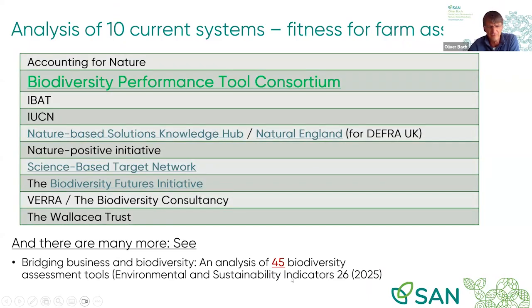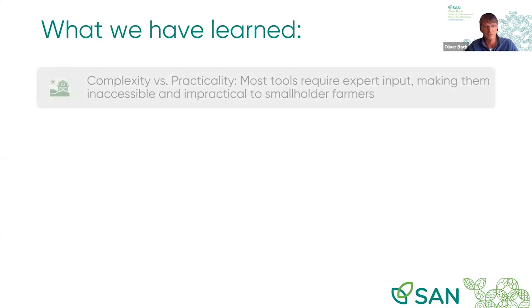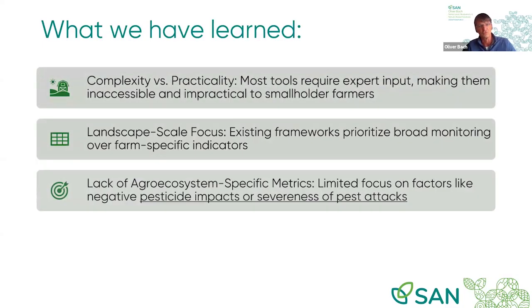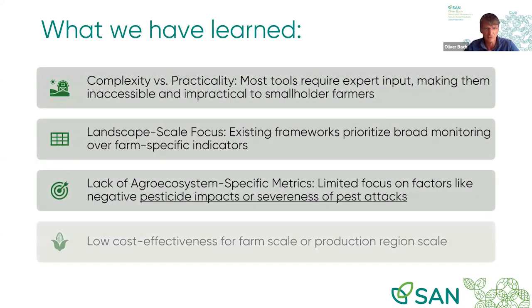There are around 50 or more biodiversity assessment tools currently online that industry or stakeholders can use. But as I said, the challenge is to have something for agriculture. Most tools require expert input. They are too complex to be used on smallholder farms.